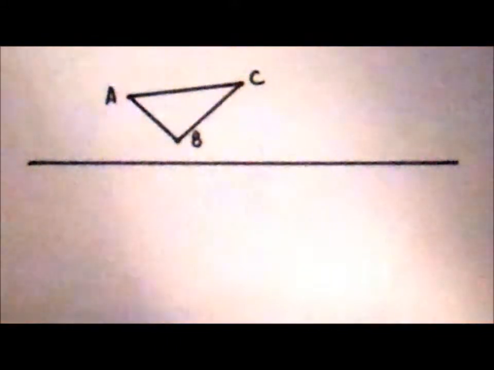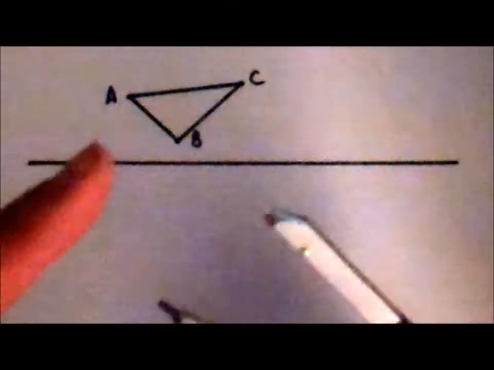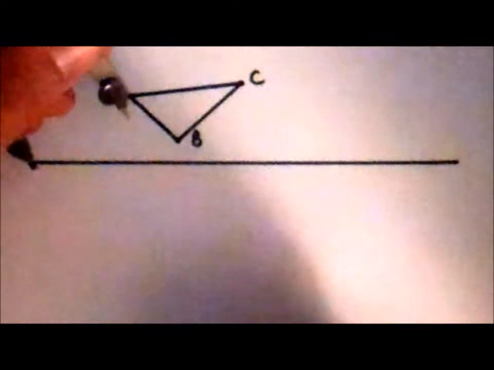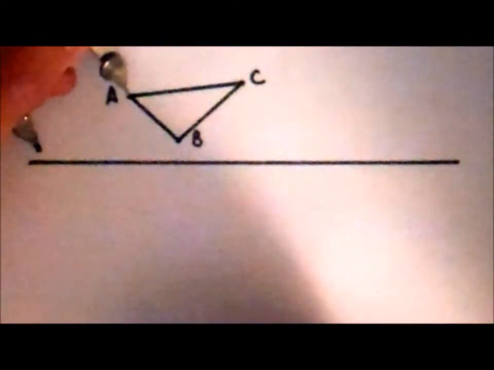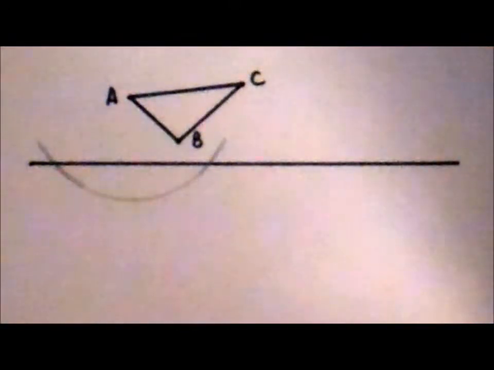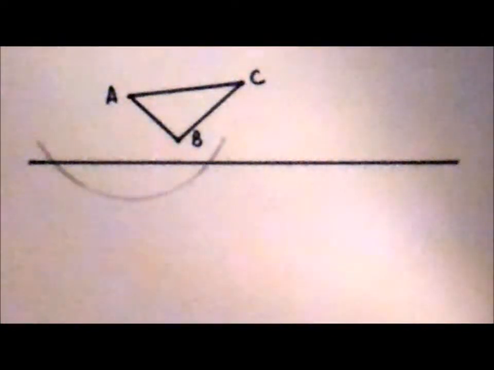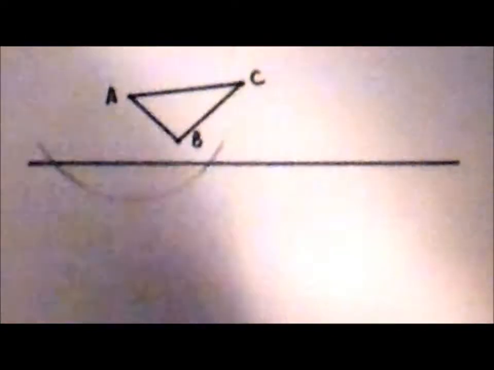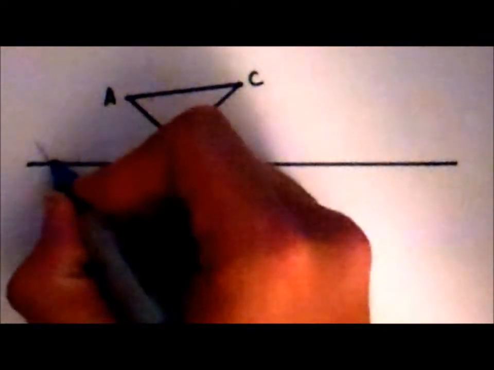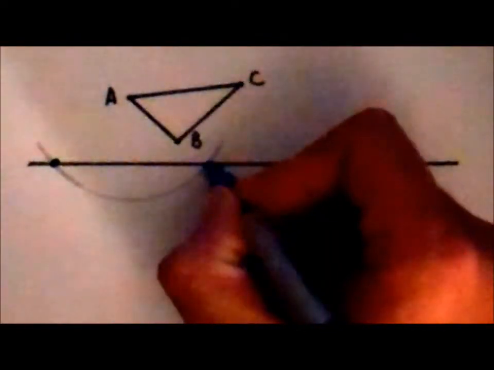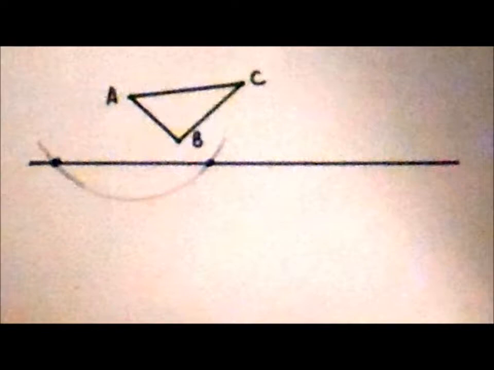Put your pointy end right on point A. We're going to draw about a semicircle, making sure that it intersects the line of reflection at two different points. As you can see, we have our two points. I'm going to highlight them here in blue, right here and right here.